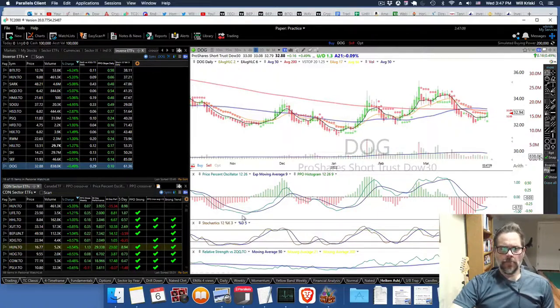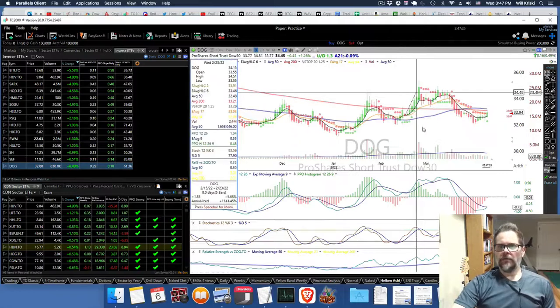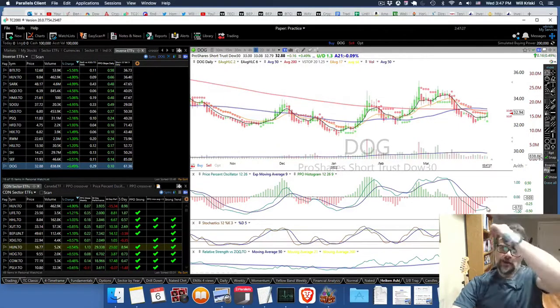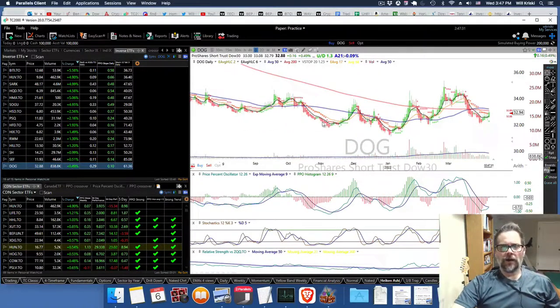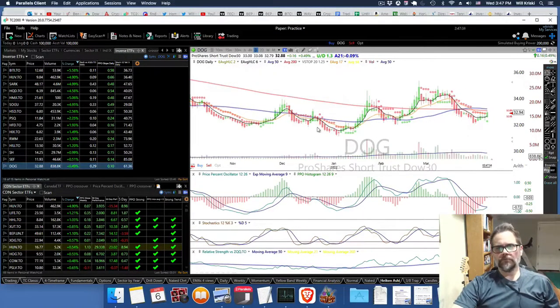Sometimes when the PPO or MACD crosses fairly far below the zero line, you'll get a nice little run. Each time it crossed, you got a run up here. This one crossed at a higher point and had a bit of a run. But when you're down at this point, you have lower momentum as well, so it may not work. And you may not decide to trade the dog because this particular distance is only a few percent.